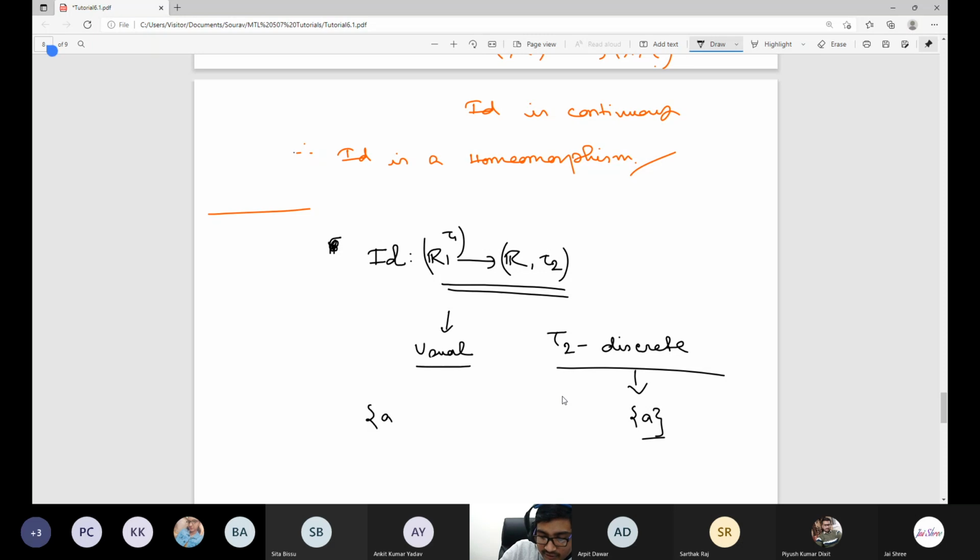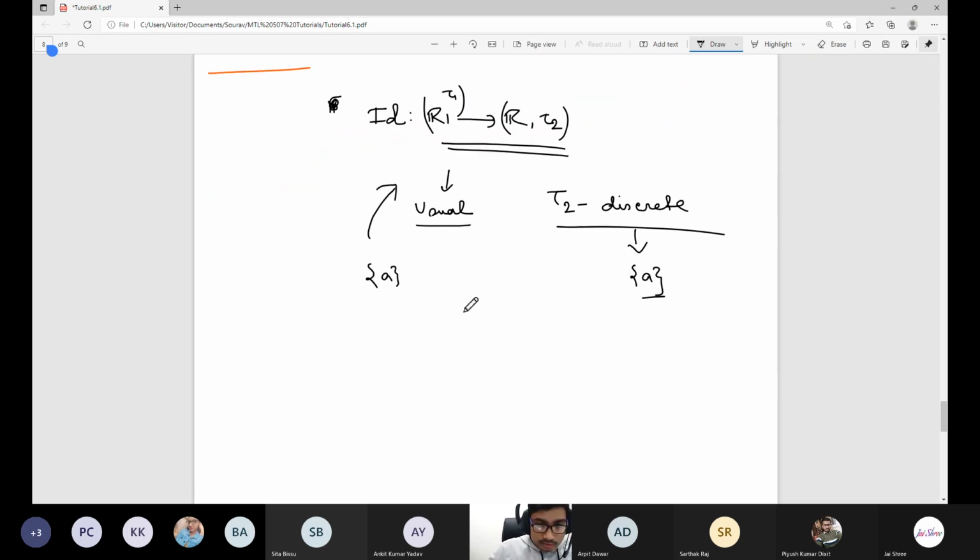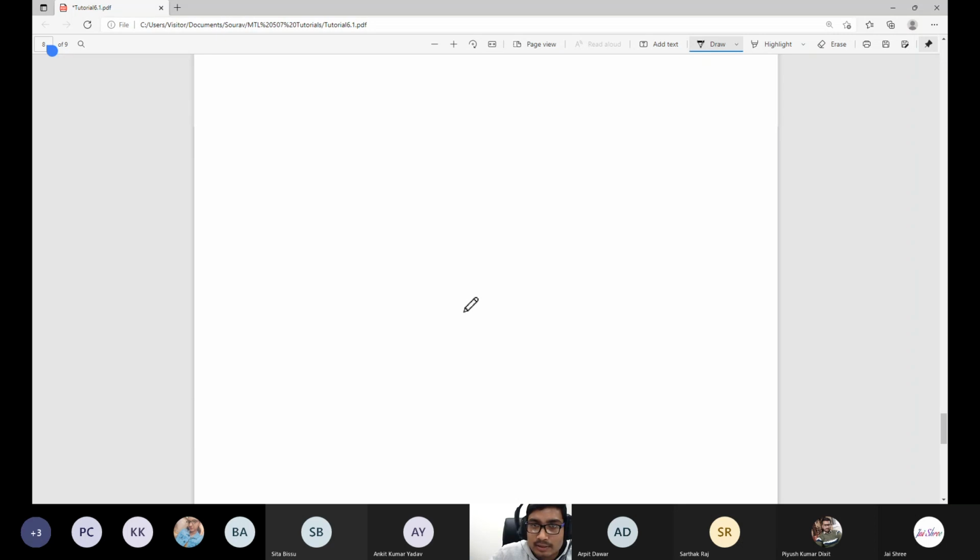This is a singleton set. Is it open in R with usual topology? No, sir. So that's why the identity map is not continuous. So you see, even the identity map is not continuous. Anyway, those are the problems I wanted to discuss.